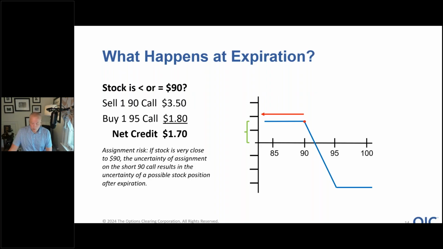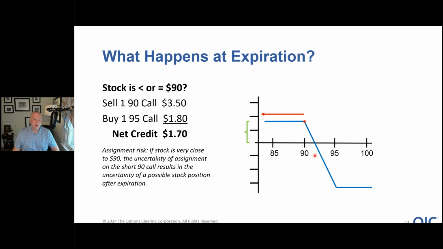The only thing you need to worry about, and this speaks to what I talked about at the beginning, is the assignment risk portion of this, the expiration part of this. If the stock is close to the 90 strike, where you are, remember, short optionality, the uncertainty of assignment on the 90 call results in the uncertainty of a possible stock position after expiration. Where does that stock position come from?